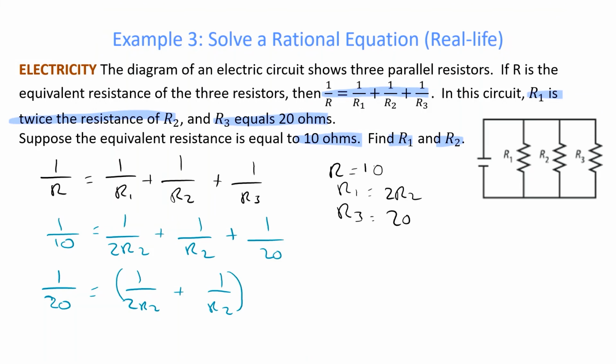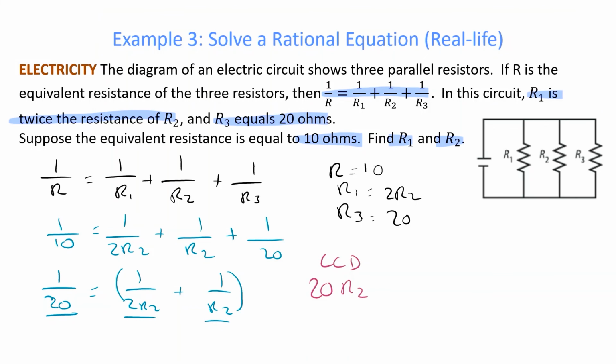Okay, so I'll put a bracket around this. So we can use the same method that we have been using throughout this lesson to solve this equation. So we are going to multiply by the least common denominator. In this case, our LCD is going to be 20R2. So that's our LCD.